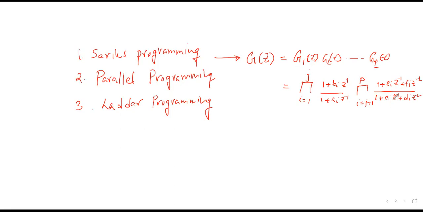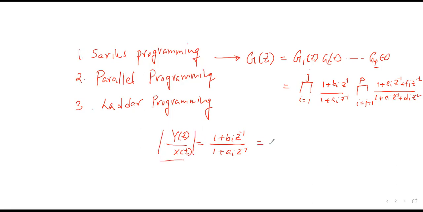So now in the series programming, the method we have adopted for the standard program, the same thing goes. So basically Y(z)/X(z) will be written as (1 + b_i z^-1)/(1 + a_i z^-1), and then this one will be just like the standard programming.